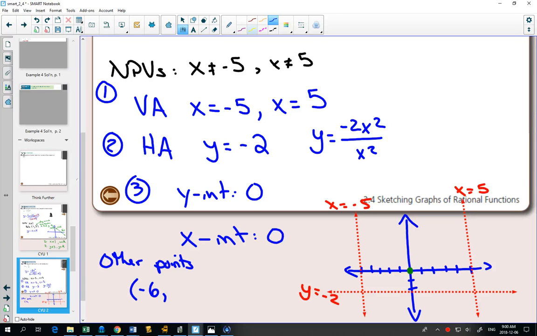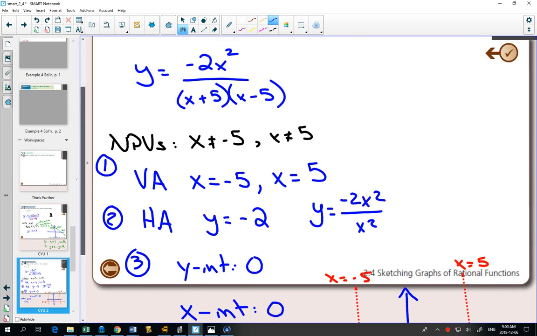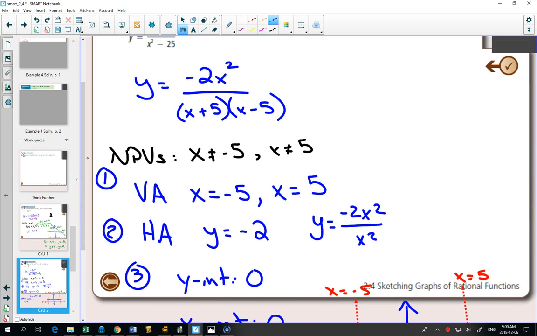If I plug in -6 back into my factored equation, -6 squared is 36 times a -2, -72. Here I would get -6 plus 5 would be -1. And here I would get -6 minus 5, -11.